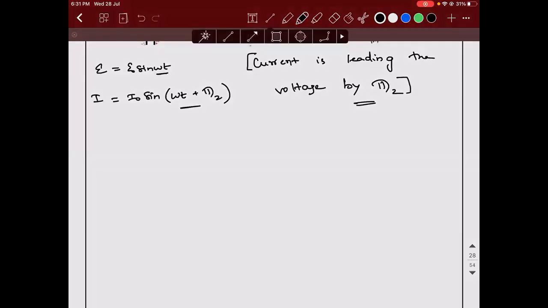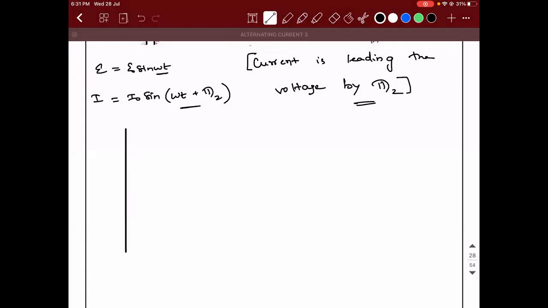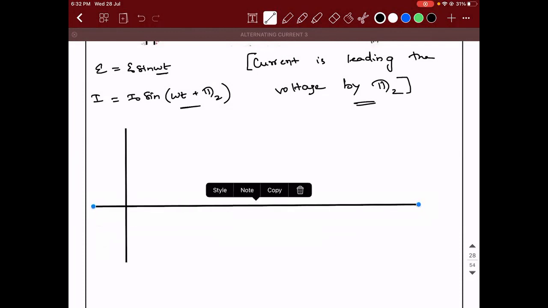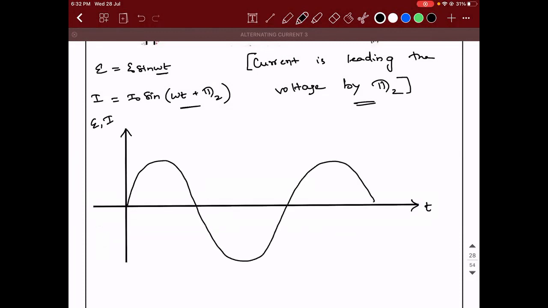So when you try to draw the graph, this is time, this is EMF and current. This is E is equal to E naught sine omega t. And the graph for I is equal to I naught sine omega t will be something like this.